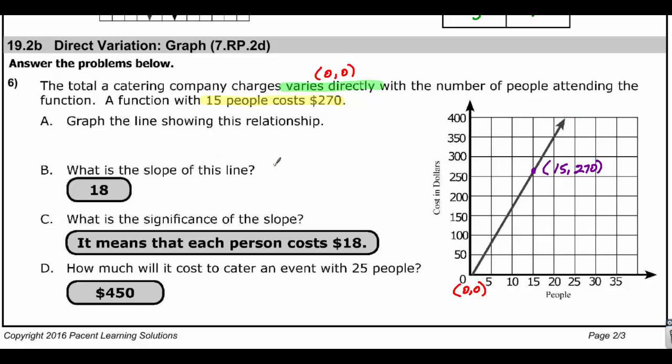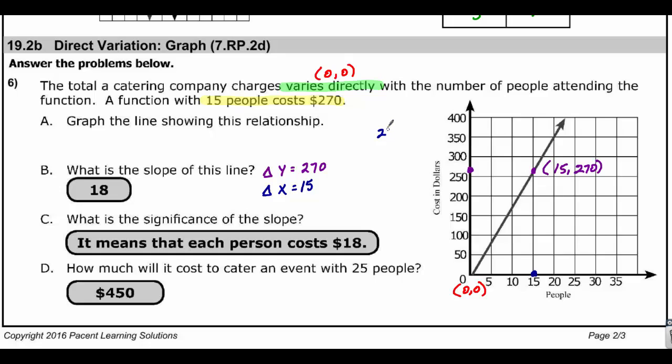What's the slope of the line? Well, the change in the y went from 0 right up there to 270. The change in the x went from 0 right out here to 15.